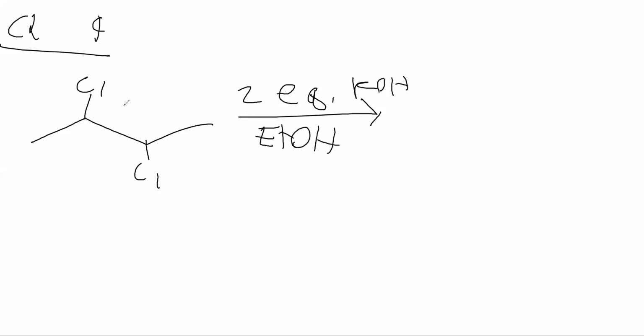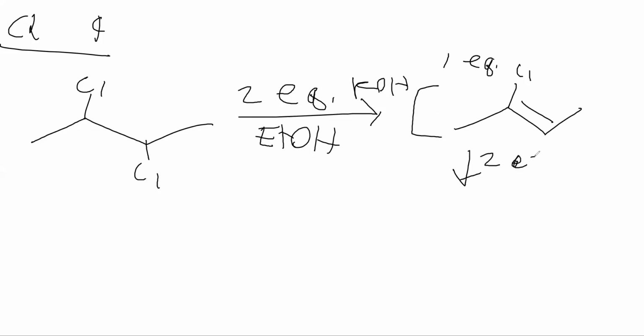So one of those equivalents will react with the halogen to form a double bond, and then the second, I can't draw it like that. I guess I can draw the intermediate. So the first one will react with one of them, it doesn't matter which. That's after one equivalent, and then after the second equivalent, it will form a triple bond and get rid of that chlorine.